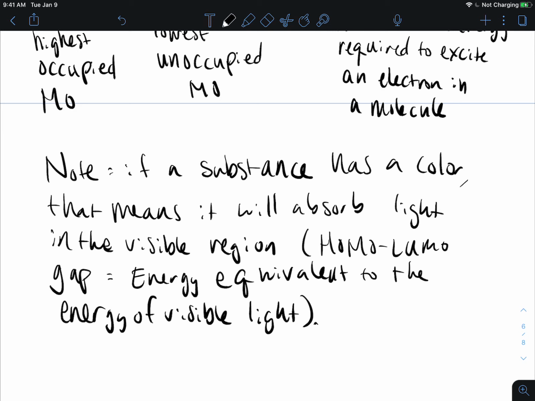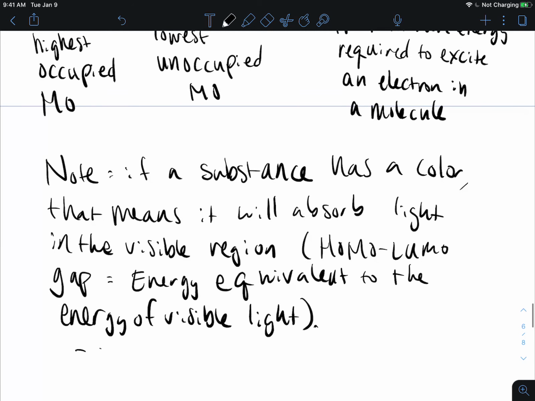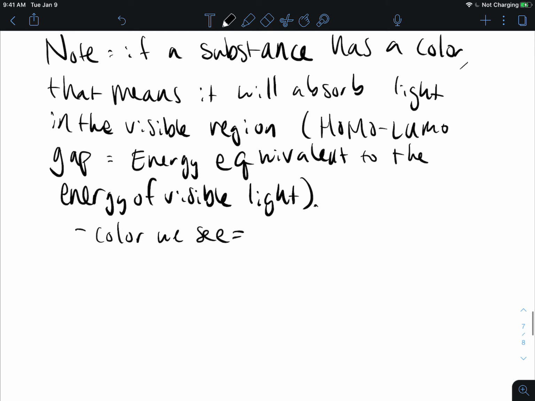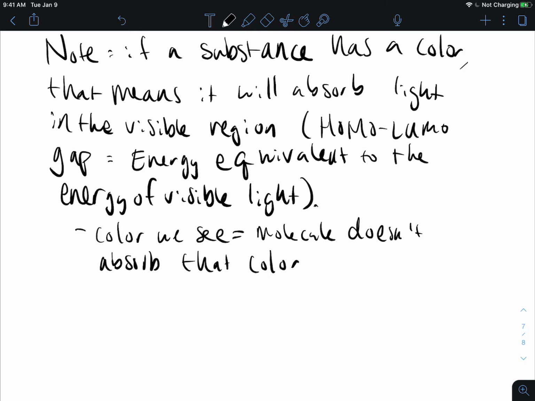Okay? If we see a color, the molecule doesn't absorb that color. Rather, it reflects that color. If a substance absorbs all light, it's going to appear black.